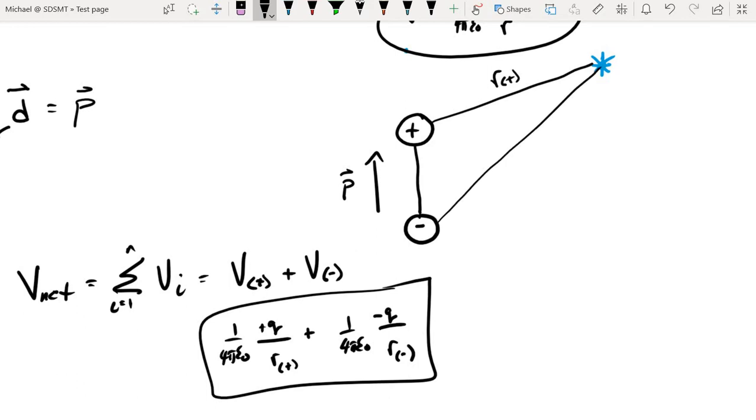Here we have the distance that our negative charge is from the point out in space. And then we're going to attempt what the author did last time, which is to see if we can reduce all of the math such that we measure from the center point of the dipole.